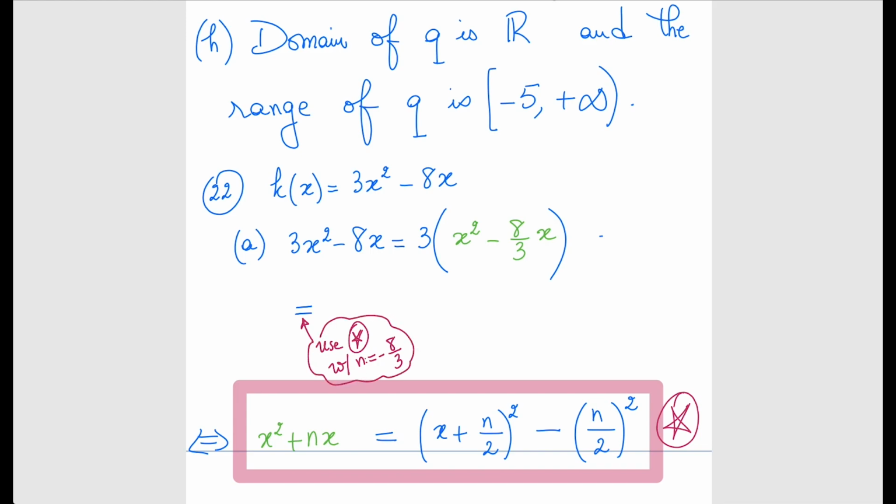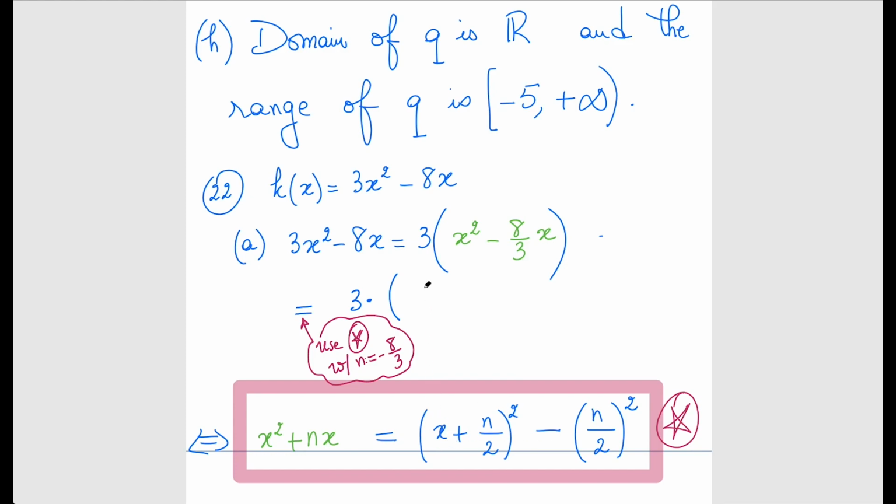Alright. So I'm gonna copy now the right-hand side of star, because the green guy is this right-hand side of star, with n to be -8/3, right? Okay, so I'm gonna keep that 3 outside, the blue one, times the green guy. And the green guy, now I'm gonna look at the recipe of star.